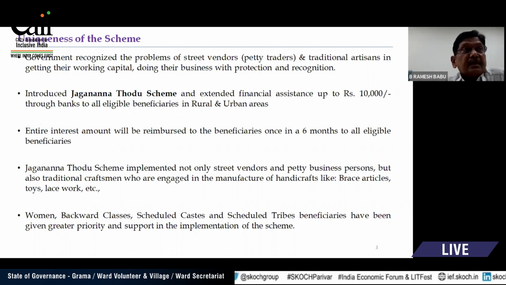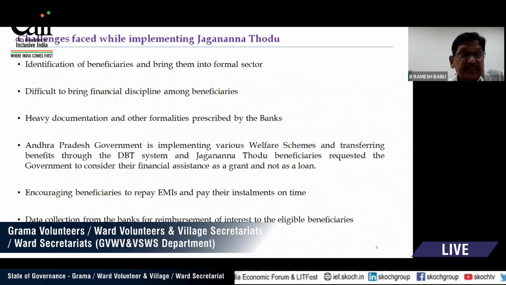The entire interest is reimbursed to these beneficiaries once in 6 months. The aim of the government is to give much priority to women, backward classes, scheduled tribes, scheduled castes, and these neglected sectors.